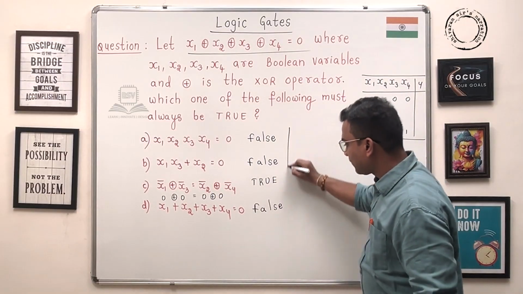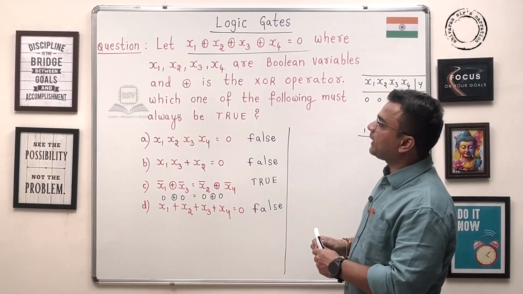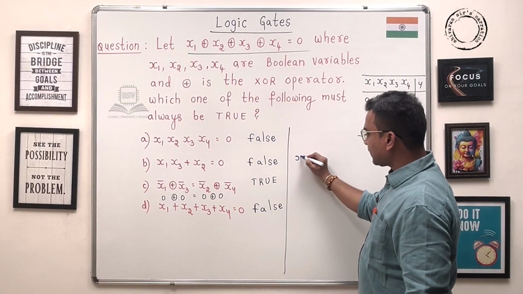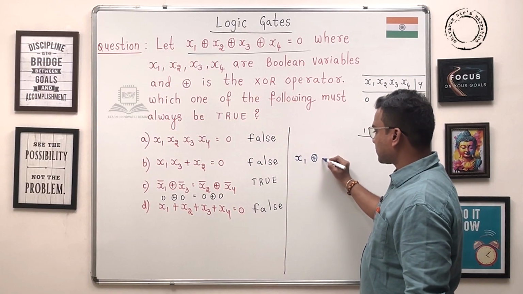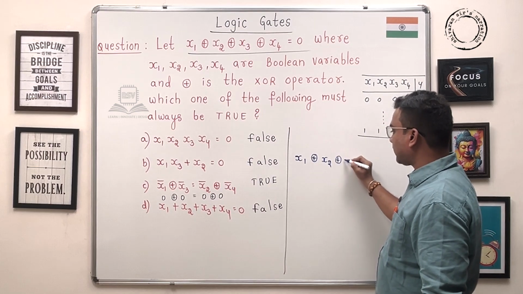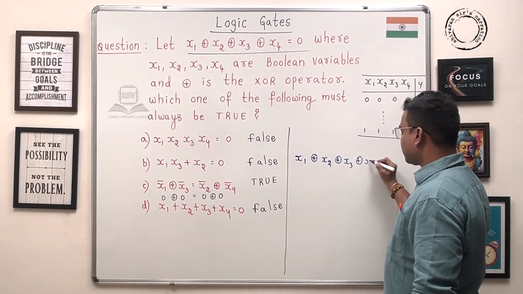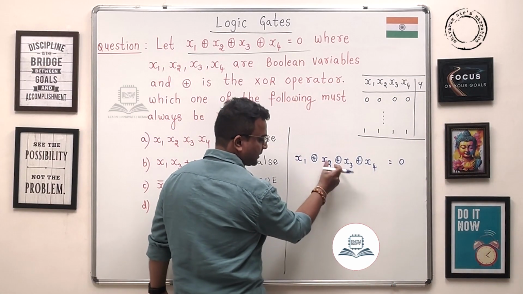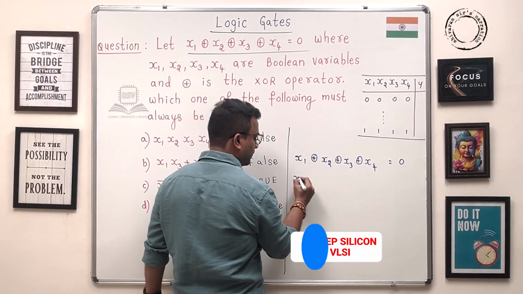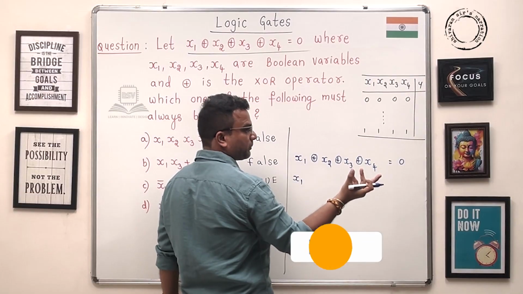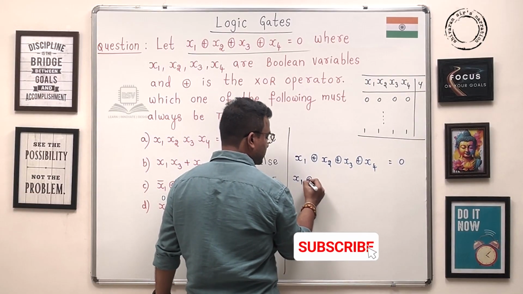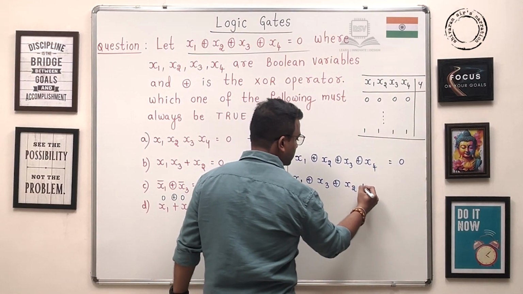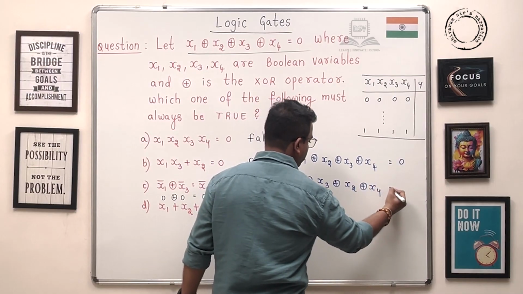What was given is x1 XOR x2 XOR x3 XOR x4 is equal to 0. Now here, why don't we interchange this? Because for the XOR gate, the commutative property is allowed. Hence, it is x1 XOR x3 XOR x2 XOR x4 is equal to 0.